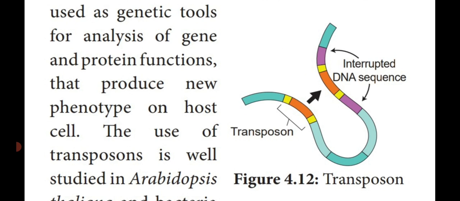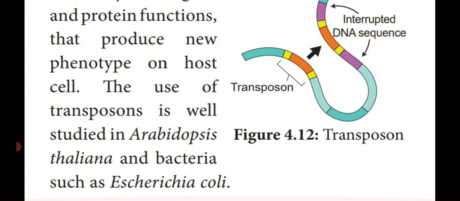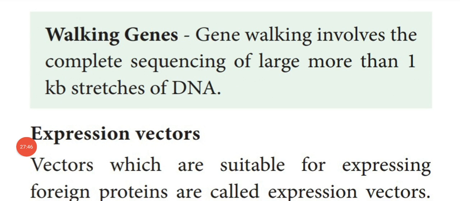Dear students, up to this we have seen different types of vectors: pBR322, Ti plasmid and transposon vector. Some important notes are also given about walking genes.